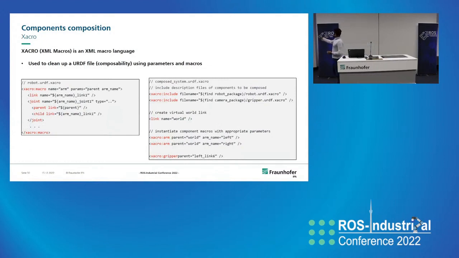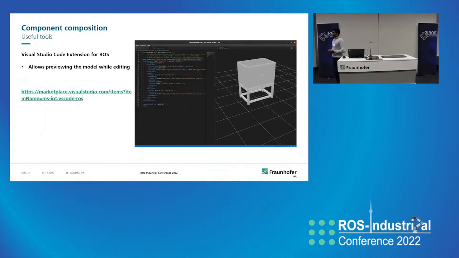So I'll try to include all these files. Here on the right side, you see that the files have been included, and I just need to connect the links in the right way. In order to make this task a little easier, we have a Visual Studio Code extension, which we use for most of our development. This is really useful because we can see in real time how the kinematic chain is being connected.